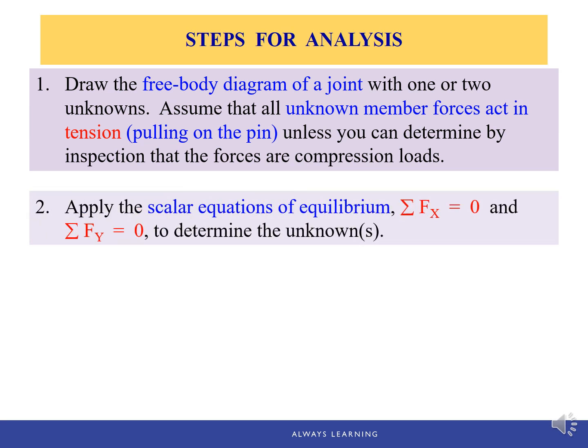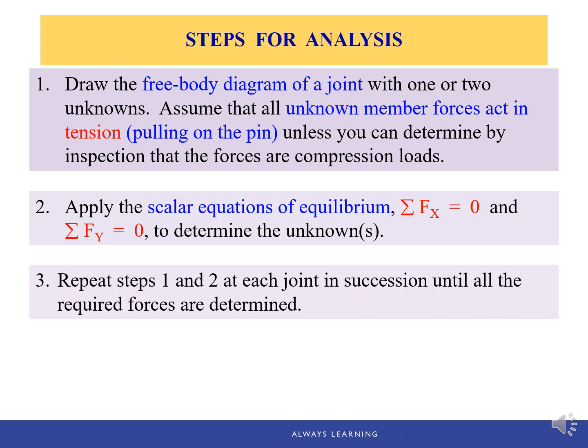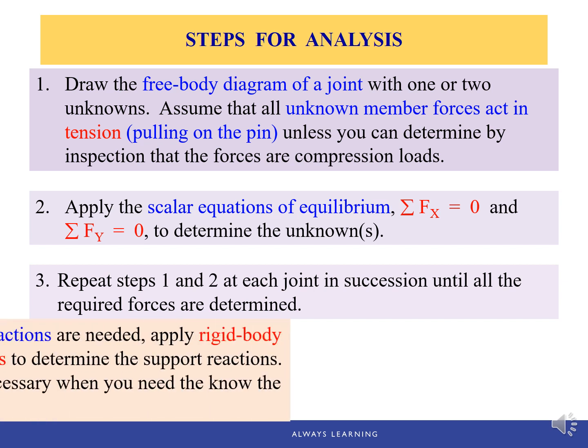The second step is to apply the scalar equations of equilibrium. We have two equations, sum of Fx equal to 0 and sum of Fy equal to 0, to determine the unknowns. Repeat those two steps at each joint in succession until all the required forces are determined.